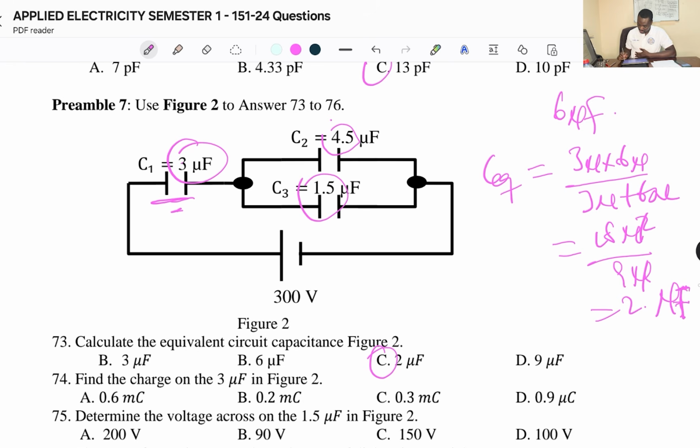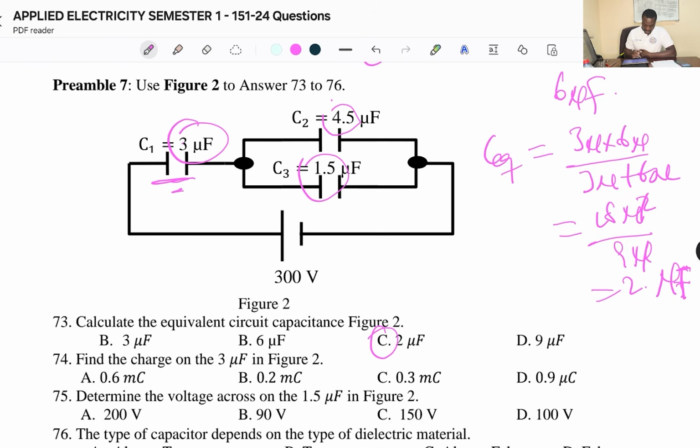To get the charge, we note that the 3 microfarad and then the 6 microfarad, which is the equivalent of this one, are now in series. If they are in series, that means the charge is going to be the same on each of them. So the charge is going to be equal to the equivalent capacitance times the voltage supply, which is 300.